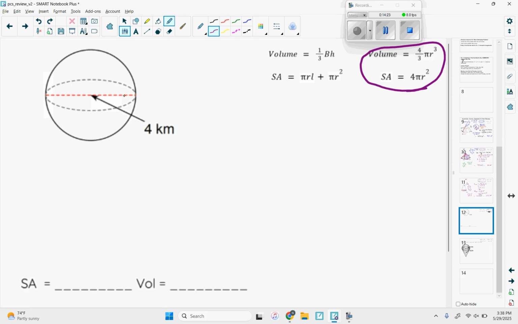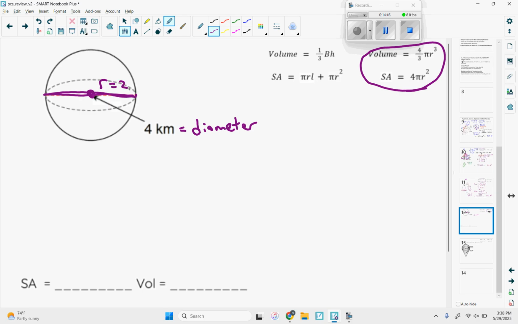When we look at our picture, this 4 kilometers goes all the way across through the center. That is your diameter. All right. The radius, which starts at the center and goes to the edge of the sphere, is just half of that. So our radius is just 2.